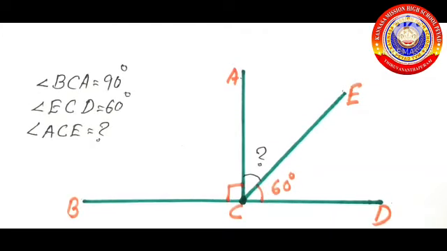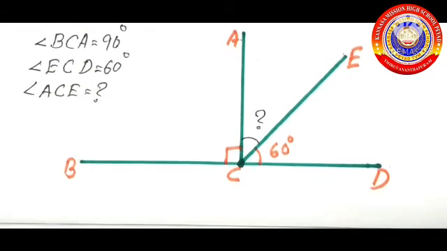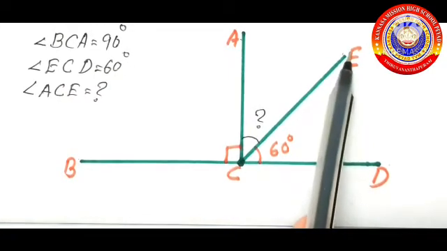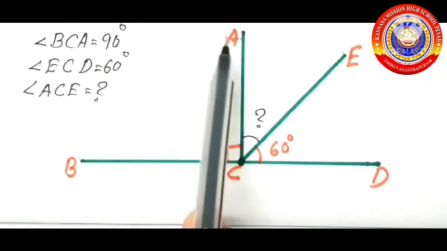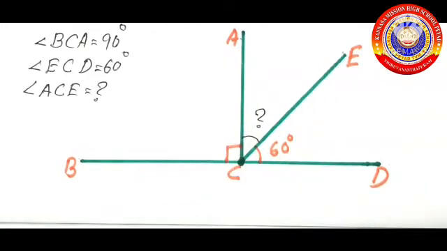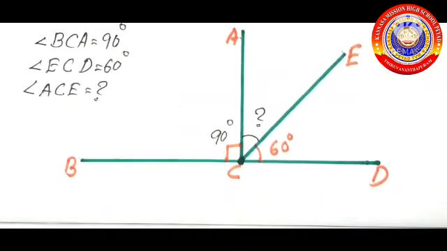We know that angle ACD is equal to 90 degrees. So, angle ACE is obtained by subtracting angle ECD from angle ACD.